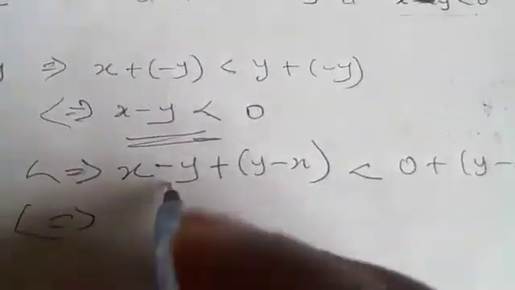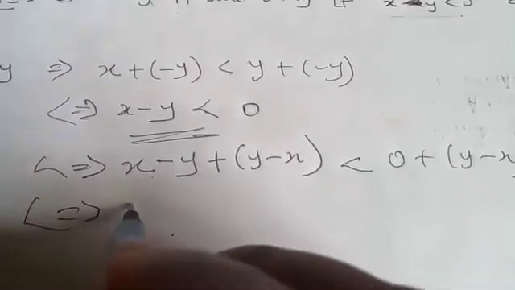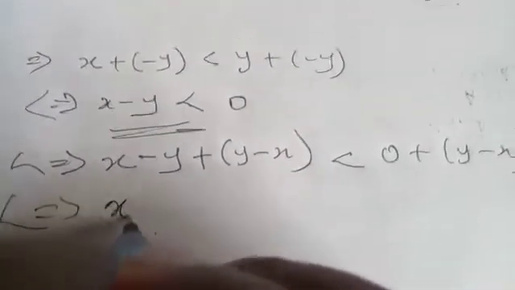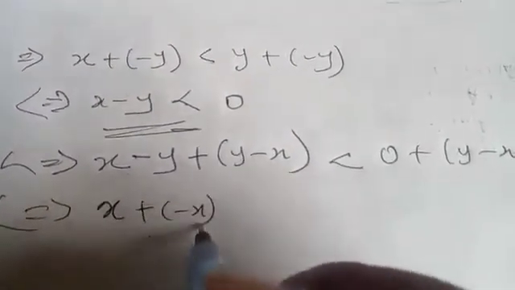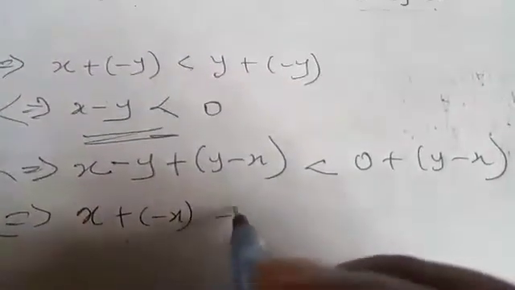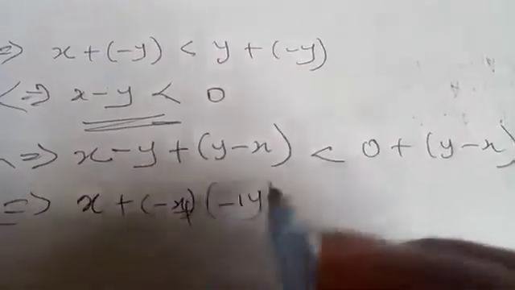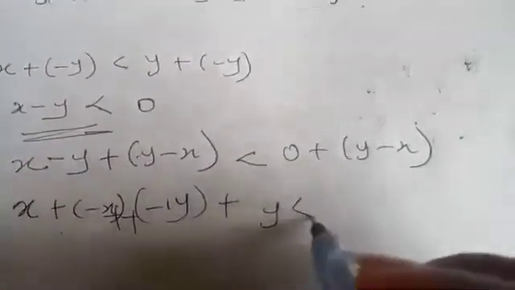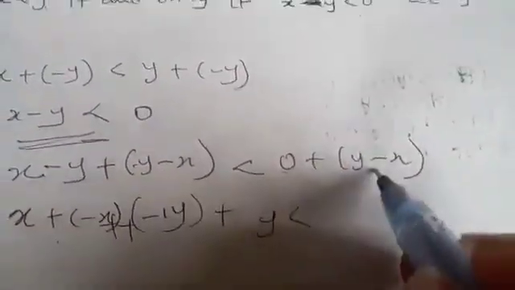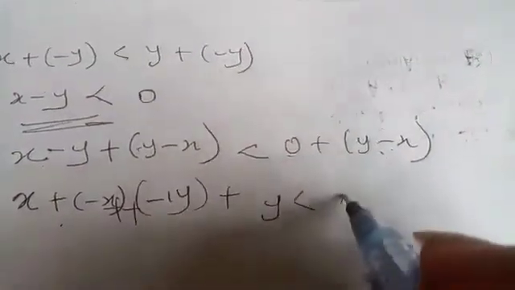We can rearrange by the associative property, that is x plus minus x, and also minus y plus y will be less than this; 0 is the identity element, 0 plus this is still this.